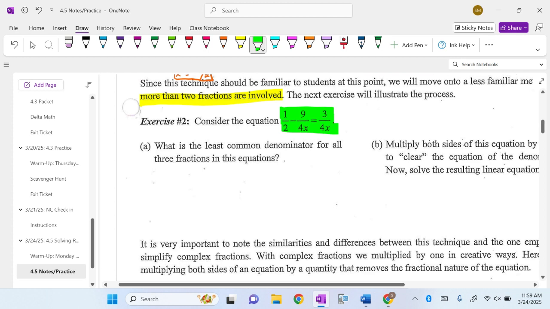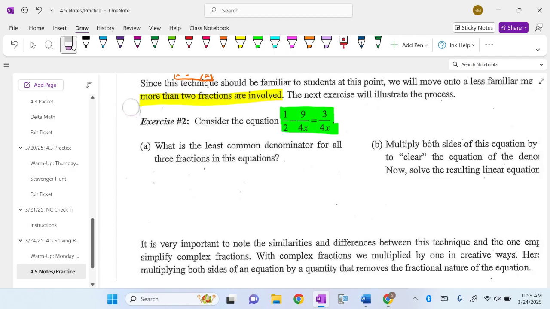I just want to look at the denominators specifically. So the 2, the 4x, and the 4x. I'm only looking at those 2 denominators.